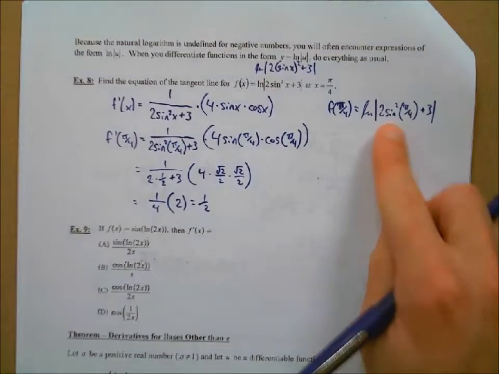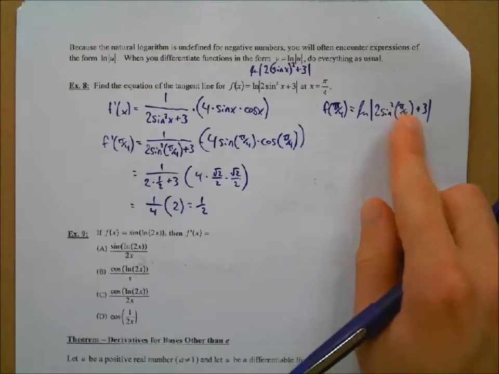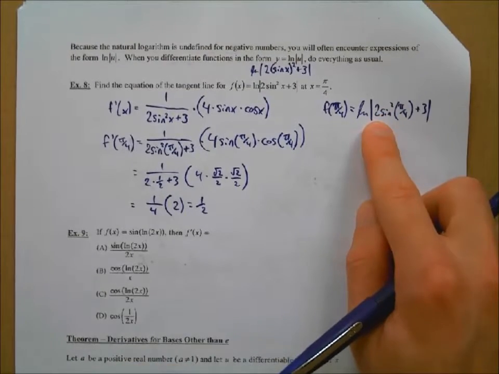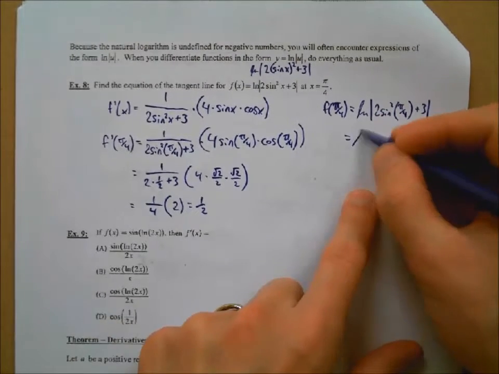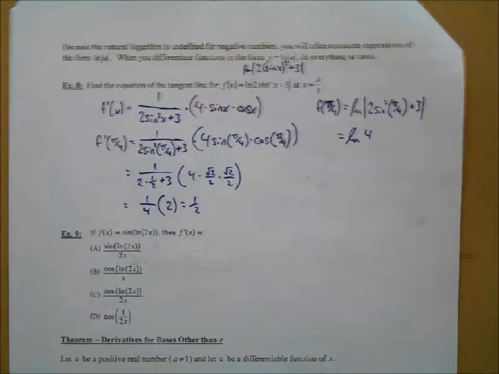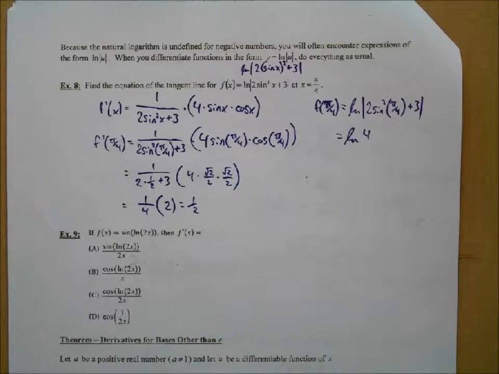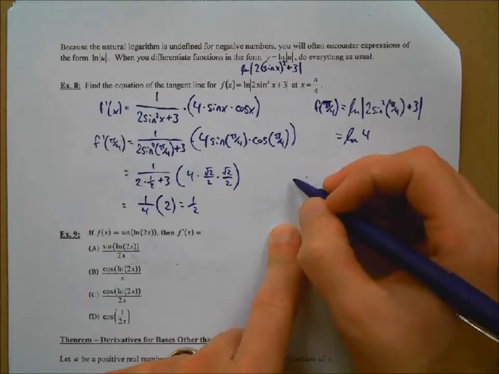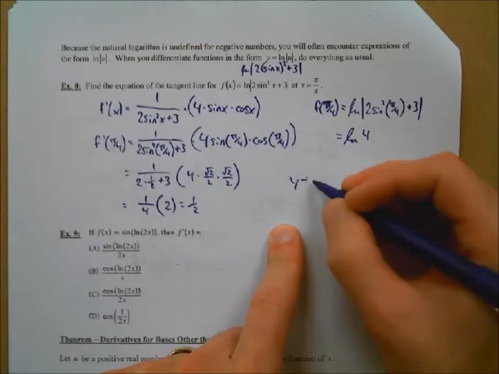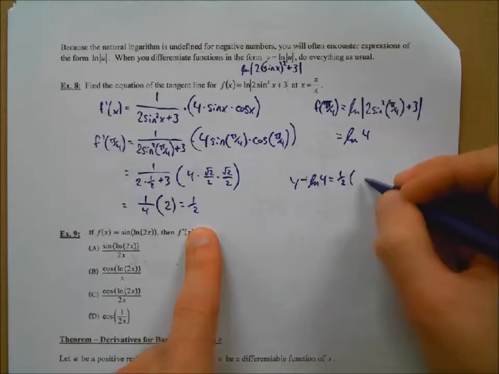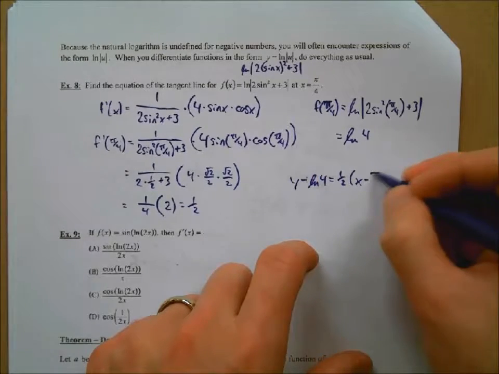Okay, so again, sine of pi over 4, root 2 over 2, squared is going to be 2/4 or 1/2. 1/2 times 2 is 1, plus 3 is 4, and so you get the natural log of 4. And so then our point slope form would be y minus our y-coordinate there, natural log of 4, equals m times x minus our x-coordinate.